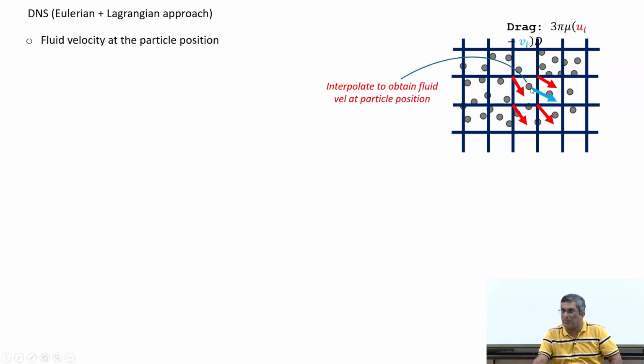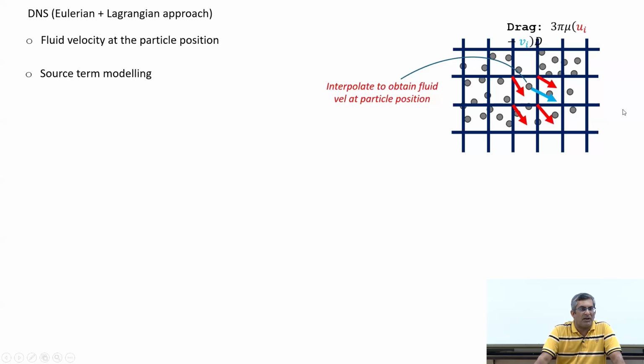Depending on where this particle is, you can do some interpolation, maybe a weighted average, depending on how close this particle is to one fluid velocity vector. Okay. So, this is how the fluid velocity at the particle position is calculated, which is required to use the Stokes drag model.